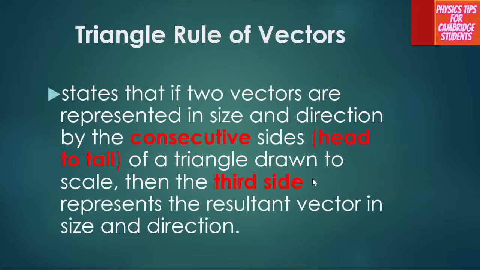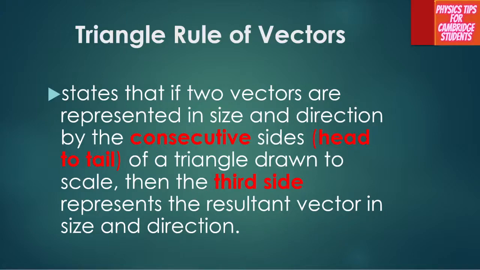Very important. On the other hand, the triangle rule of vectors states that if two vectors are represented in size and direction by the consecutive sides, that is head to tail, of a triangle drawn to scale, then the third side represents the resultant vector in size and direction.